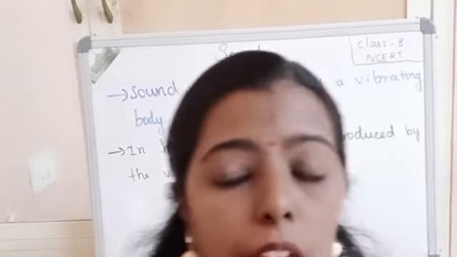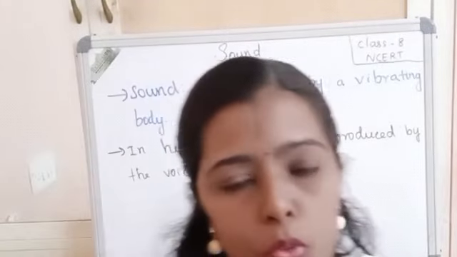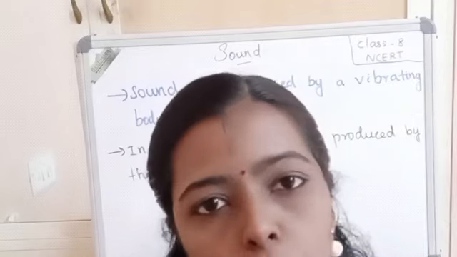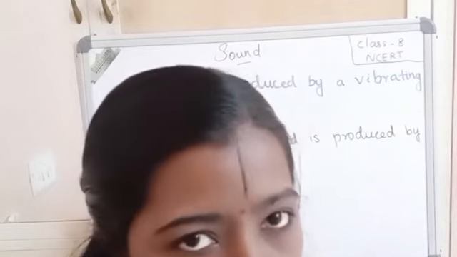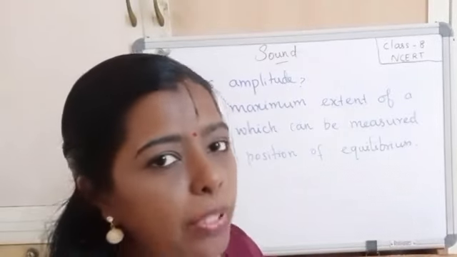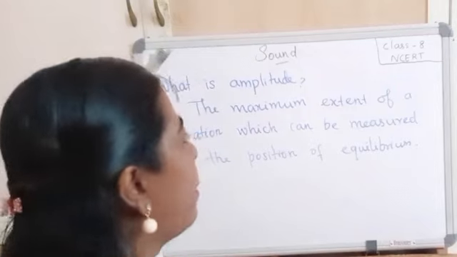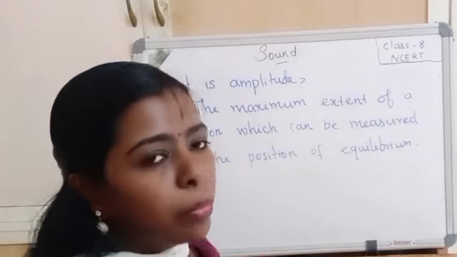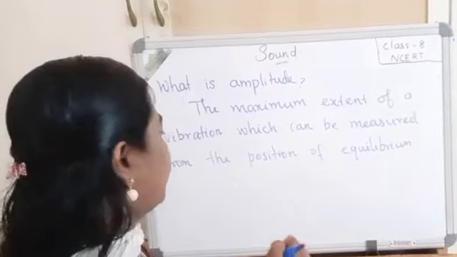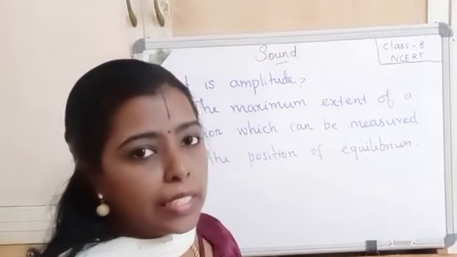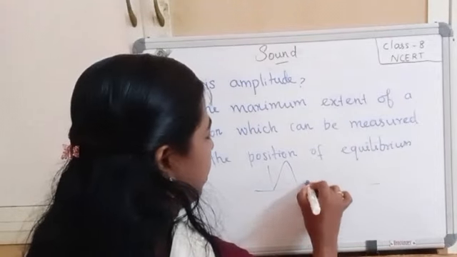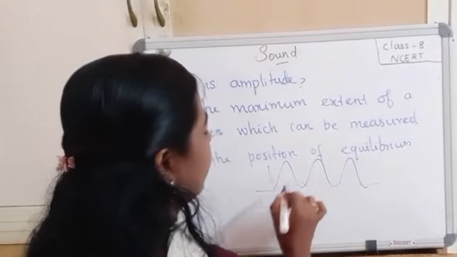Now let us see the properties of sound. Amplitude and frequency are the two important properties of sound. So what is amplitude? Amplitude is the maximum extent of a vibration, measured from the position of equilibrium. That means this is a kind of wave.